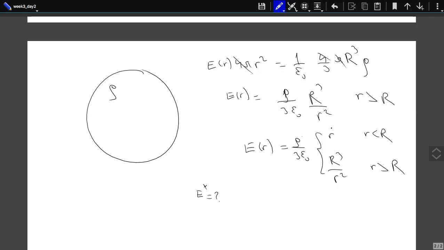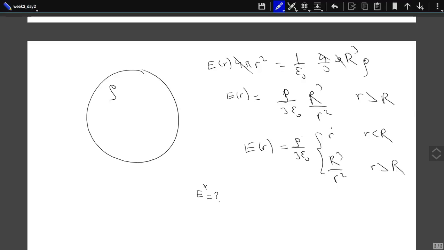Outside of a shell, you can just imagine that this is a collection of shells. If you are outside the sphere, all of the shells will behave as if they are point charges right at the center of the sphere. So this is the expression for that. So, in a sense, using Gauss's law, we had already proven the shell theorem.